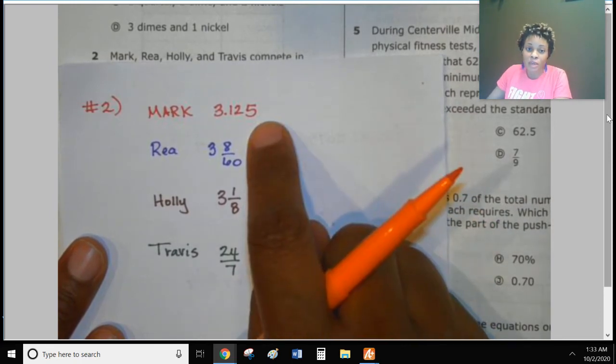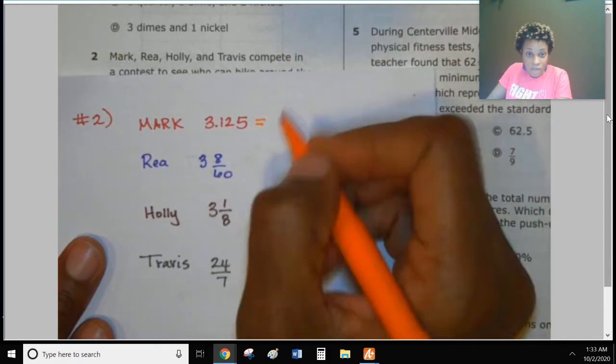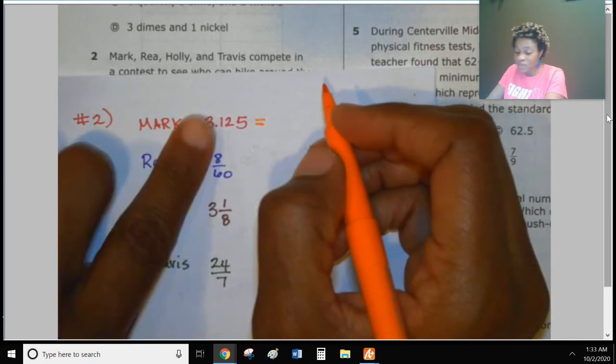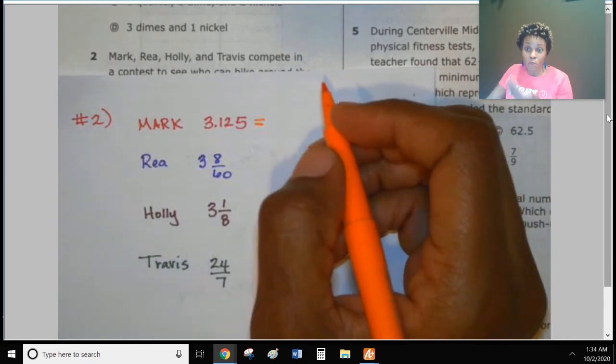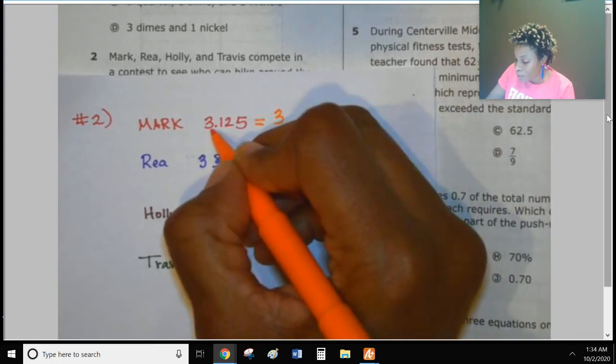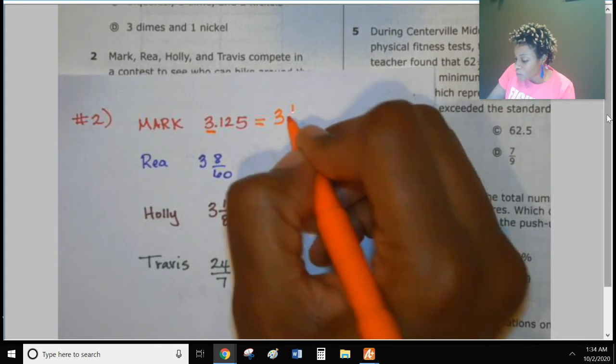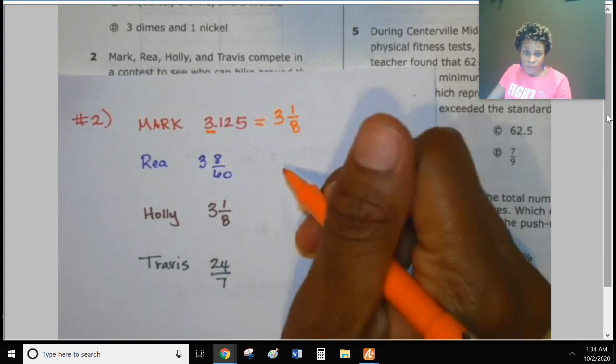So I'm going to take Mark and convert 3 and 125 thousandths to a mixed number. Hopefully you have been studying and you know that 125 thousandths is just 1/8. So I would write 3, that's my whole number part, and then I turn this decimal part into a fraction, which is 1/8. 3 and 1/8.